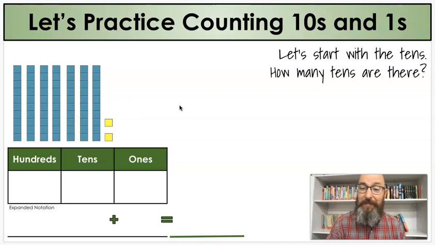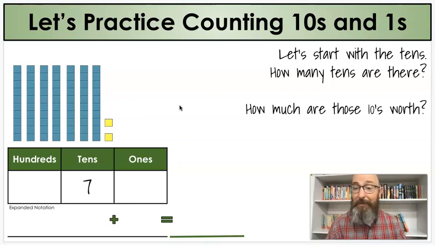How many tens are there? 7. That's correct. And how much are those tens worth? Remember counting by tens still. 70 is correct. I'm sure you're getting this right every time now.